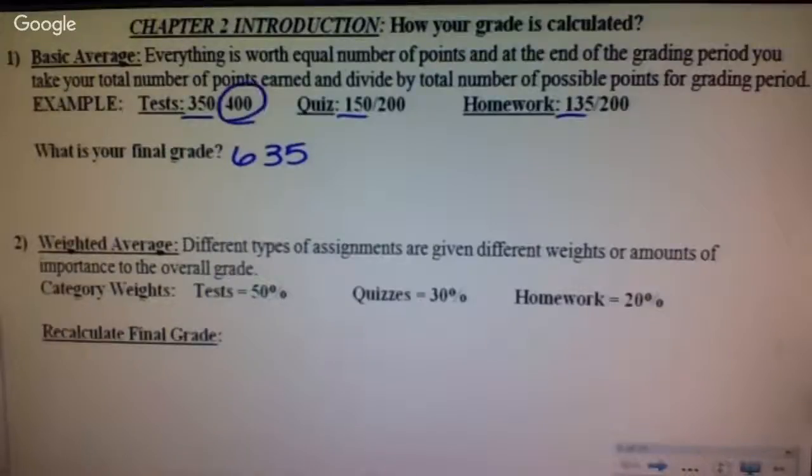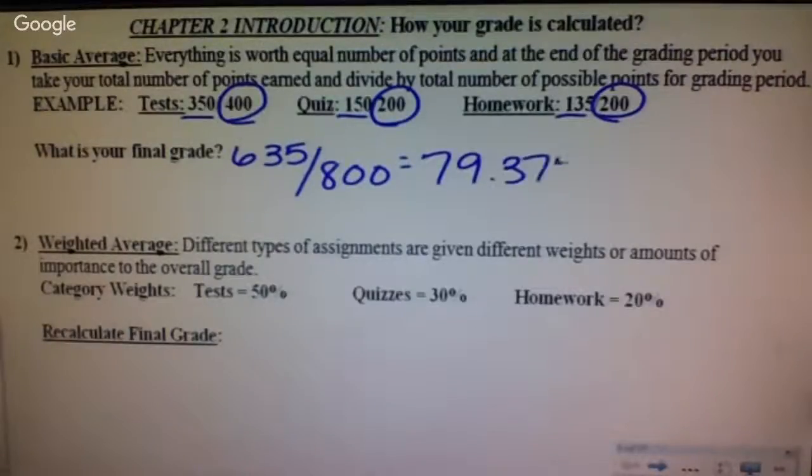And then finally, you figure out your total, 400, 200, and 200. So you earned 635 points out of 800. To get your actual average then, we would divide. So to get a basic average, it's your total points that you earned divided by the total possible points. So if you would have scored 635 points out of 800, you would actually have 79.375%, which is a C.